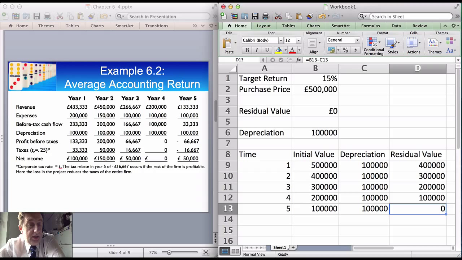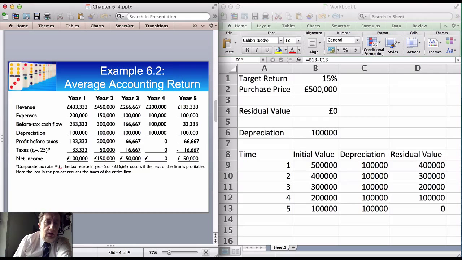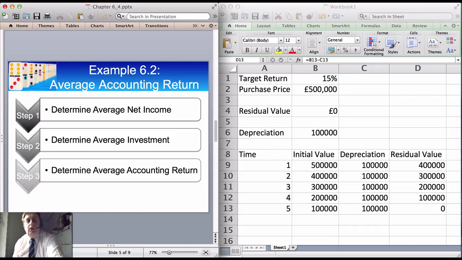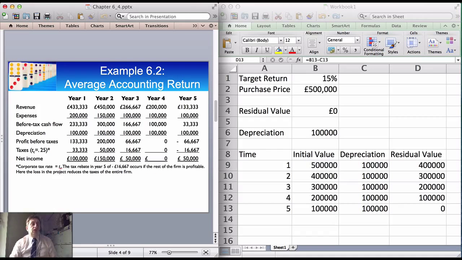Okay, and our net income is simply the profit before taxes minus the tax, and here is our net income. So these are important figures, and we can keep these here for just now. Right. So we've got our net income over time.